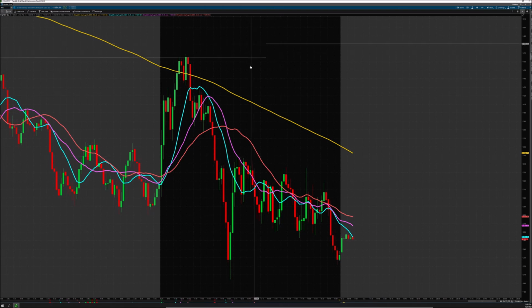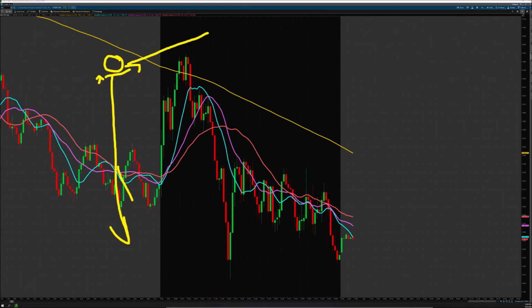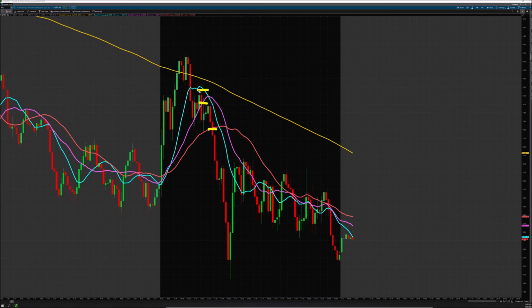So my favorite one is the 34, which we just placed, which is this bottom one here. 34, 21, and 13 there. So our favorite one is the 34.